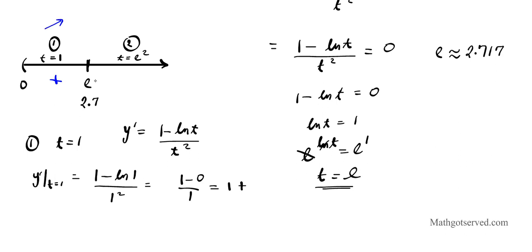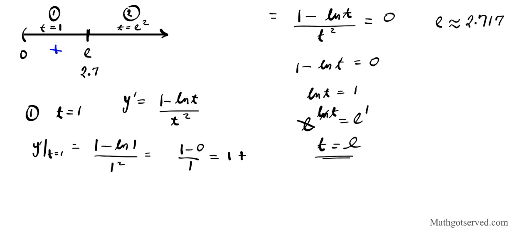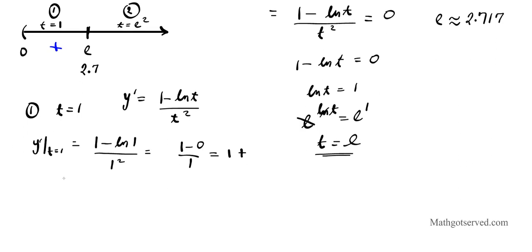In order for this to be a maximum, the derivative has to be negative, which indicates that the function is decreasing. All right, so interval 2. In interval 2, we have t equals e squared. I picked e squared because it's easy to calculate. You'll see in a minute.